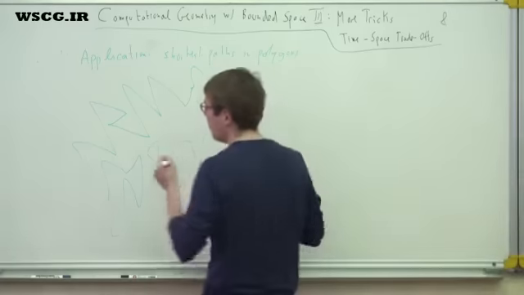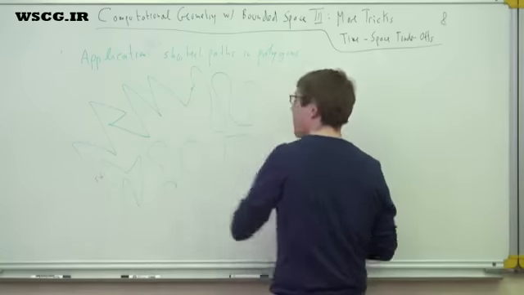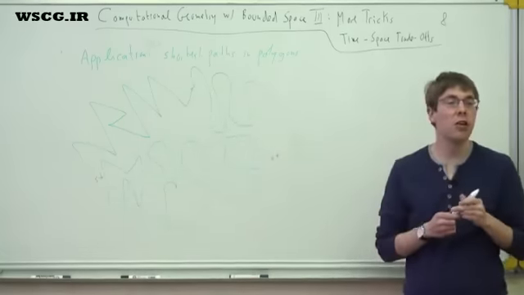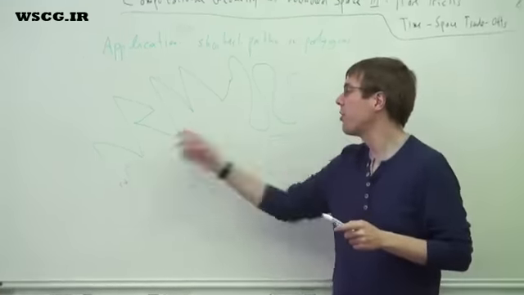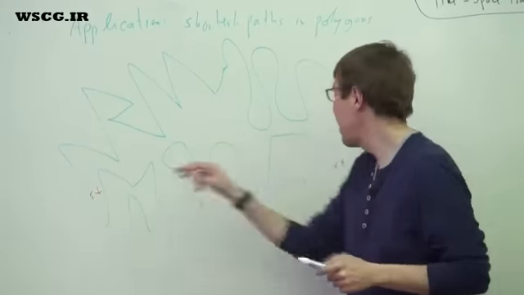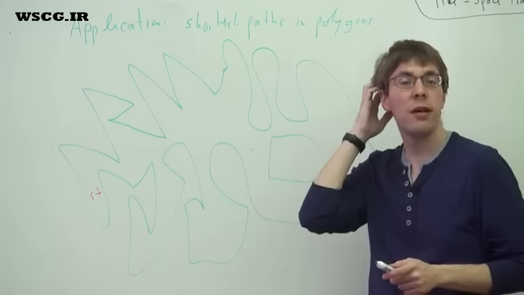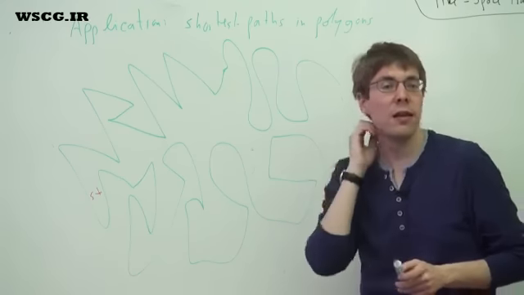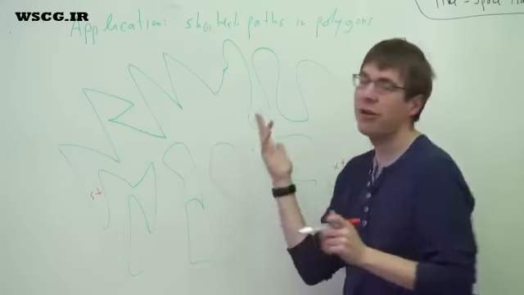You have some node S, and some node T, and you want to find the shortest path from S to T. This means you want to find a path which connects S to T and which lies completely inside the polygon.